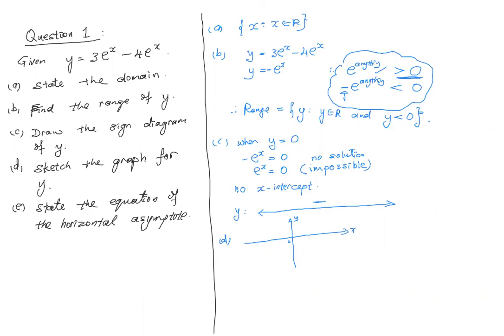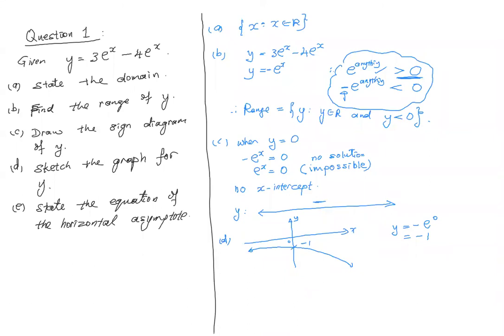Okay, so if you sketch the graph, it goes like that. Am I right? And the y-intercept is when x equals 0, so that is -1. So here is your -1.